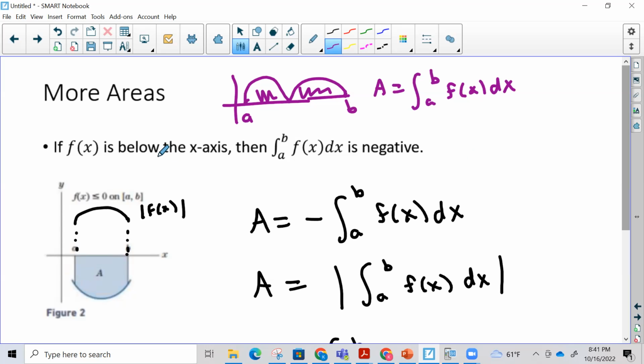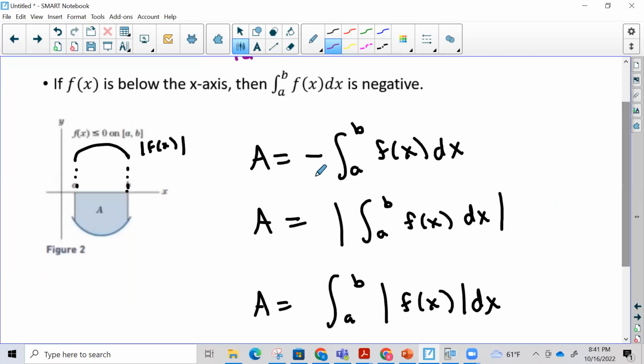But we said if our function is below the x-axis, then we know that the definite integral is going to be negative. So if we want the area, you can think of it in three ways. You can think, I need the opposite of the definite integral, because the definite integral is negative if my curve is completely below the x-axis.